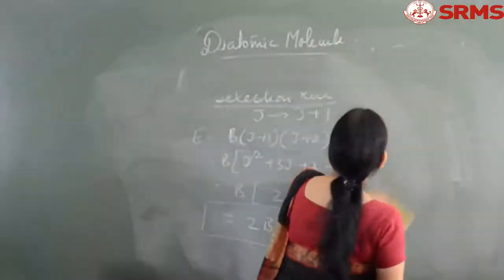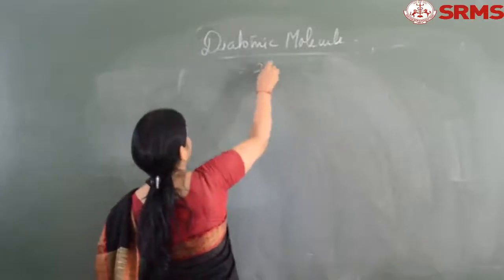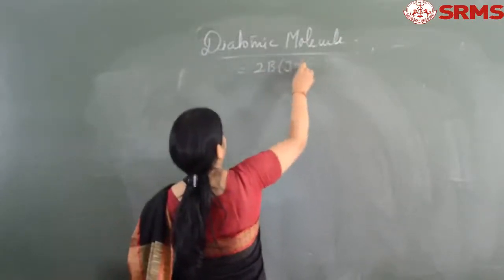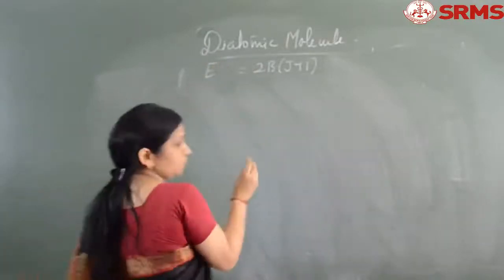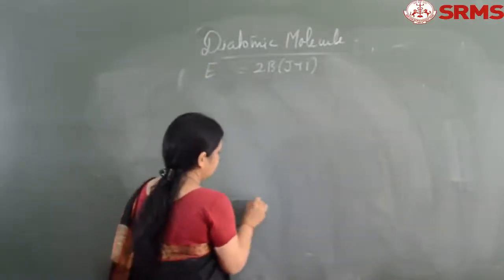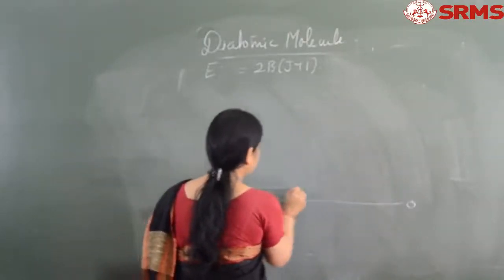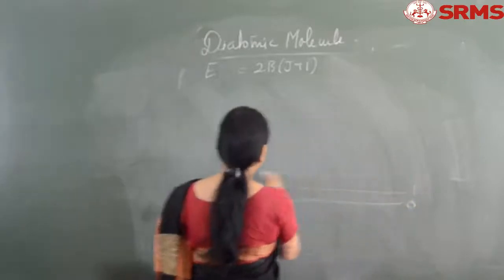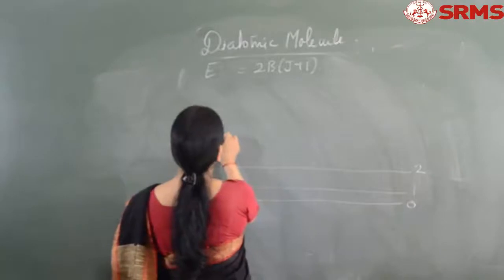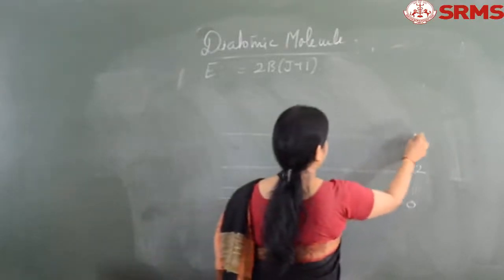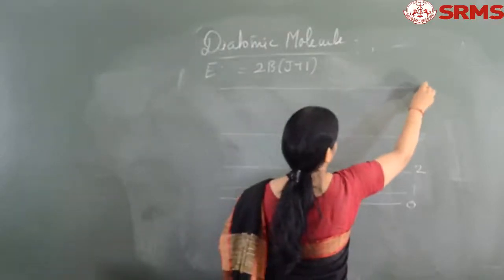So now with this equation, 2B(J+1), if I draw the energy levels, then this is the first energy level, which is represented by 0, this is 1, this is 2, then this is 3, and then I have the fourth one.